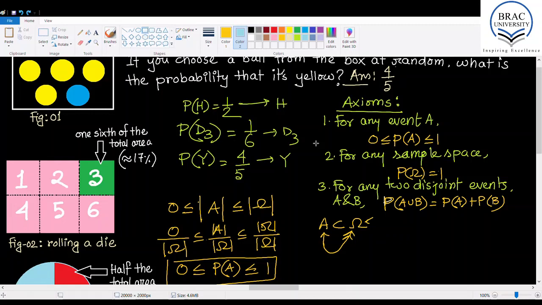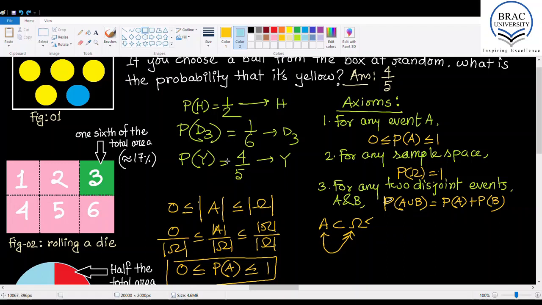So we were interested in getting 3. The probability of rolling a 3 actually represents the fraction of the area of the sample space covered by the event of my interest. You see that this green region with 3 is actually 1/6 of the total area of the sample space. Therefore, it's around 17%, and we've written that the probability is 1/6.